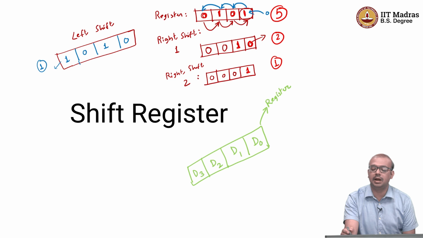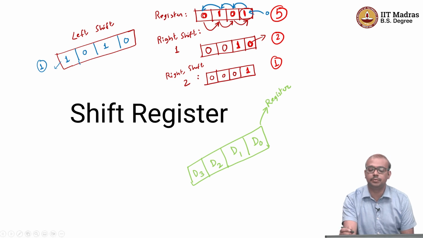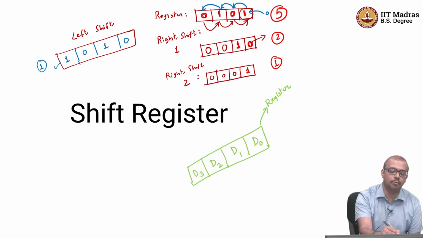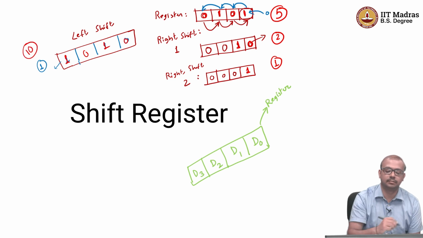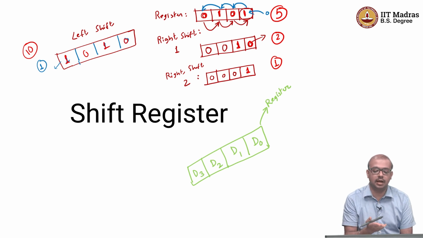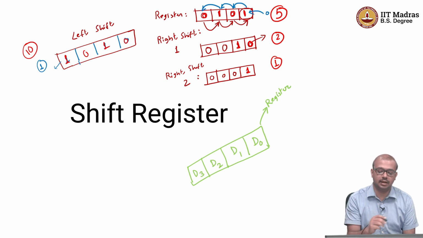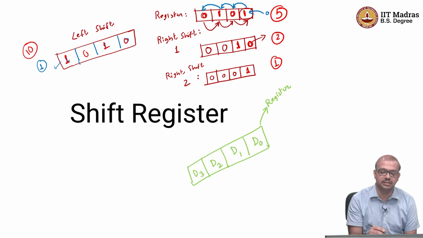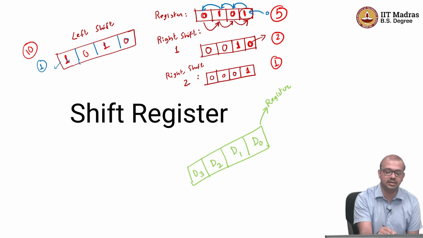Similarly, if I do a left shift, 5 multiplied by 2 is 10. What is this value? 1010. This is 10. If I do one more left shift, we cannot capture 20 using this many bits, but if it was a 5-bit register instead of 4 bits, then we could have seen that.